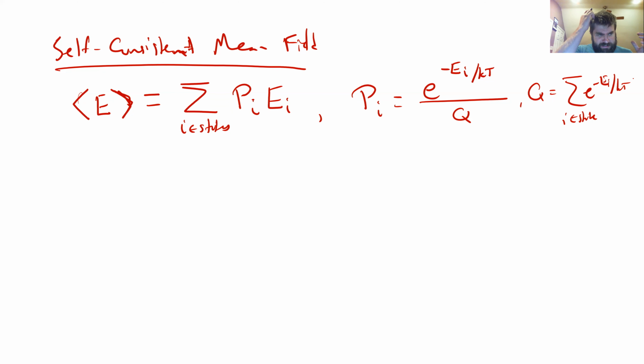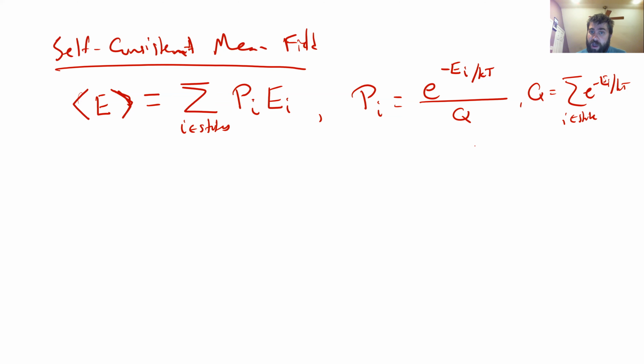And so what the self-consistent mean field approach does is says, well, what if we tackle this problem as if each position was independent and we were trying to find the lowest energy, lowest free energy state of the system.